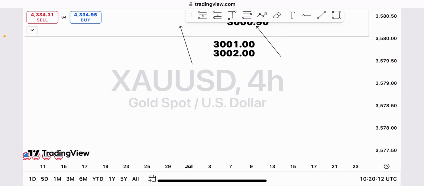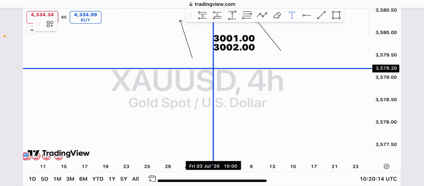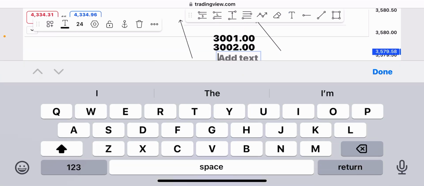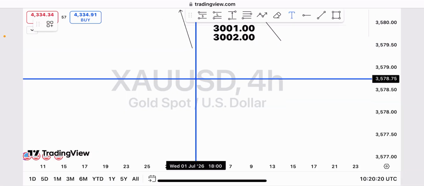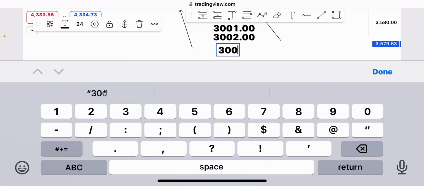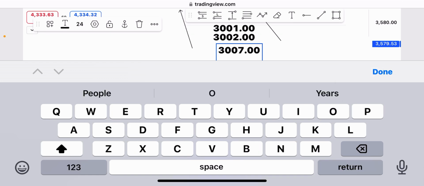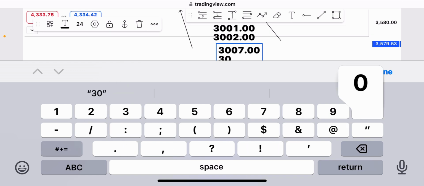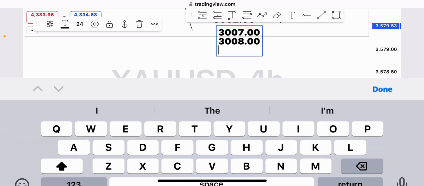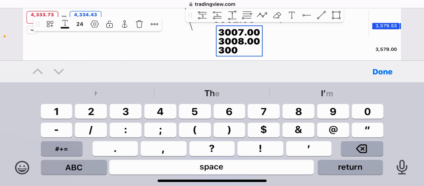Let's do some figures together. I want you guys to follow me carefully. Now we have 3007.00. This is 70 pips. We have 3008.00. This is 80 pips. We have 3009.00. This is 90 pips.